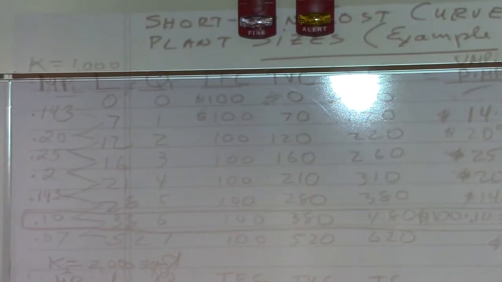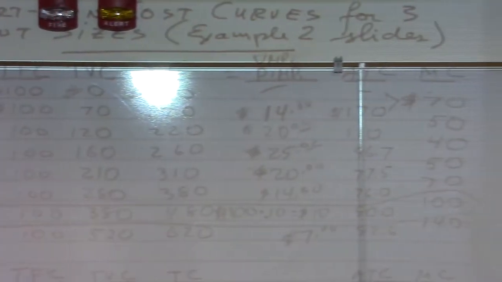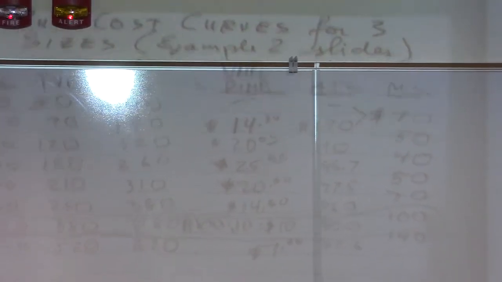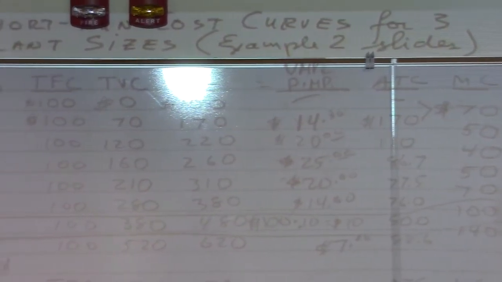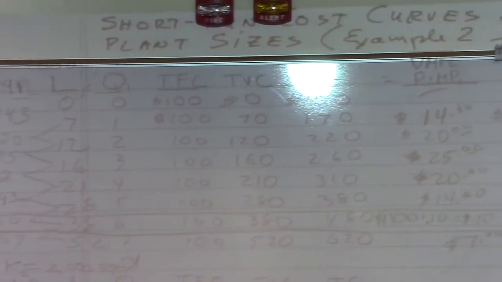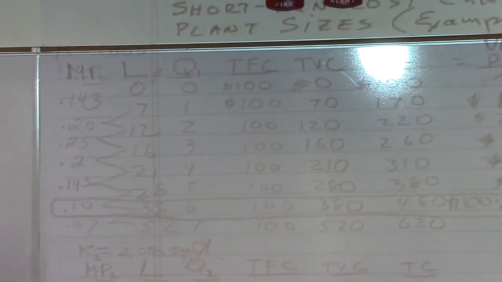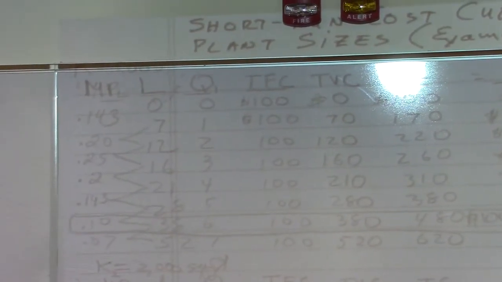And what I want to do is change the scale here, or move the graph around a little bit so you can see all of it. Okay, that first table is the derivation of the cost curves corresponding to a firm which is 1,000 square feet, the small scale of plant.